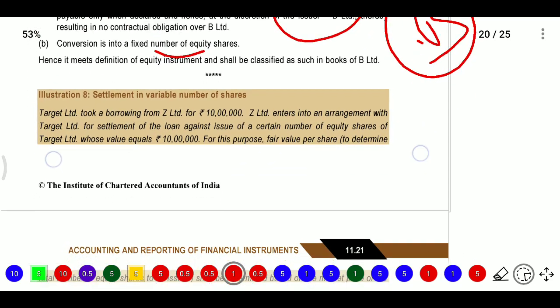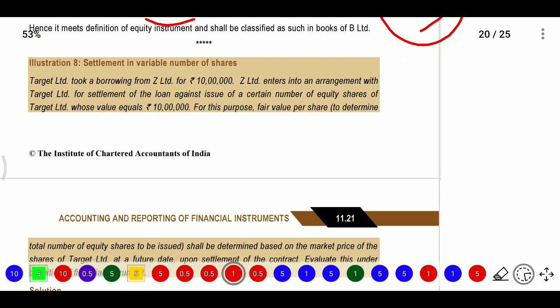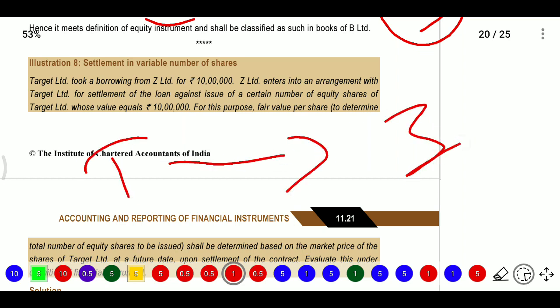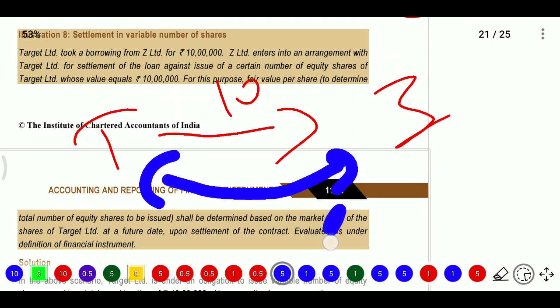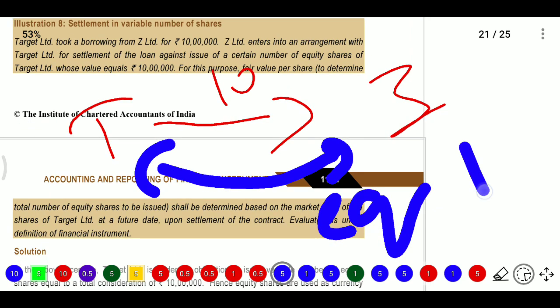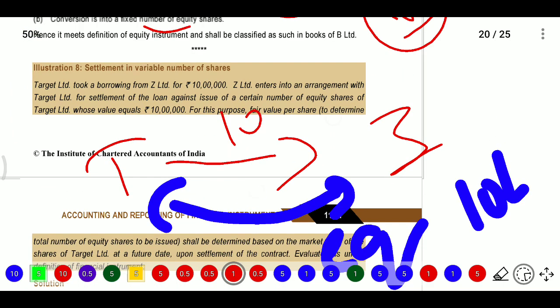After that, if we are going for a variable number of shares, one target company is borrowing some amount, 10 lakh rupees, from Jet Limited. They have a settlement arrangement to issue a certain number of equity shares of the target company whose value will be 10 lakhs. So the loan amount is also 10 lakhs, and they will settle at a value of 10 lakhs.